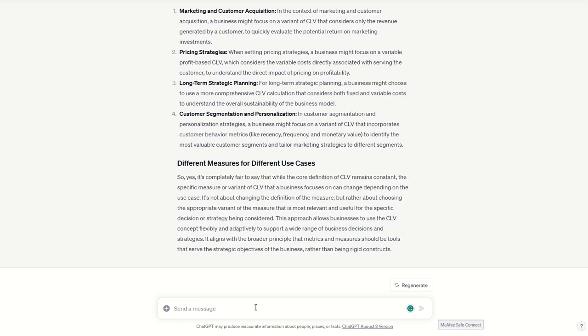Now let's get into a couple of the real meaty, controversial aspects of the definition of CLV. Okay, so should we include acquisition cost in CLV or not?